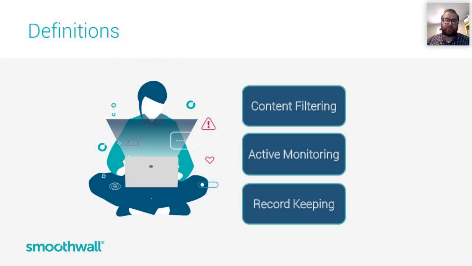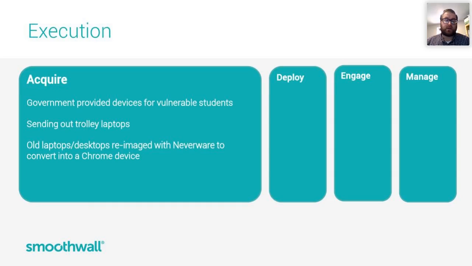So that's our definitions. Let's have a look at how we actually execute and deploy these technologies. So the first step is clearly to acquire the devices that we want to give to the students. So we mentioned the DFE with their free provision of remote devices for vulnerable students. That's one option.